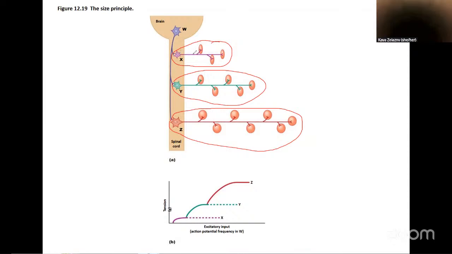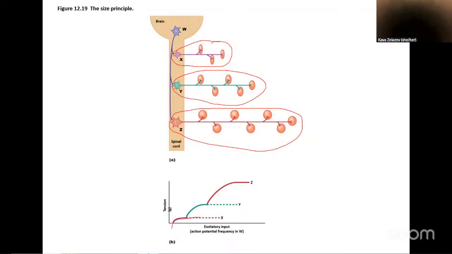So that signal gets out to these muscle fibers faster. But they're not that strong because they're small and there aren't too many of them. So we only produce a little tension when we recruit that motor unit. But we haven't hit the amount of tension we need to. What are we doing? We're lifting a water glass. So we're going to keep signaling.